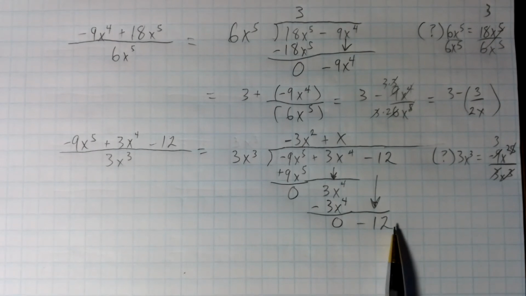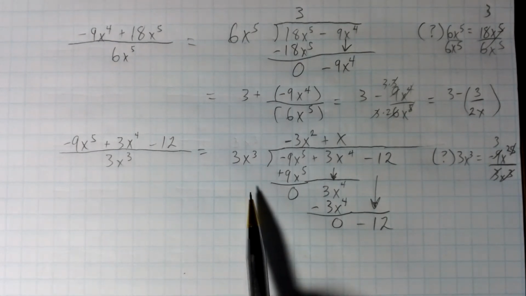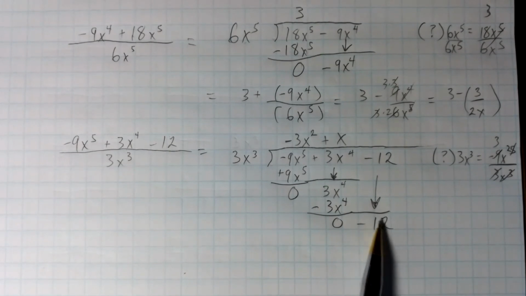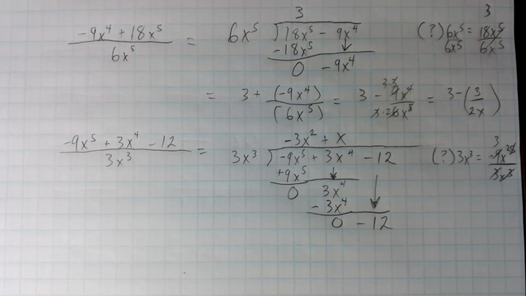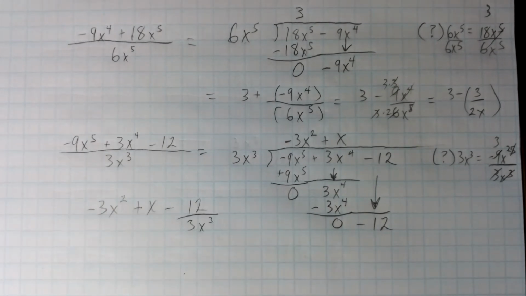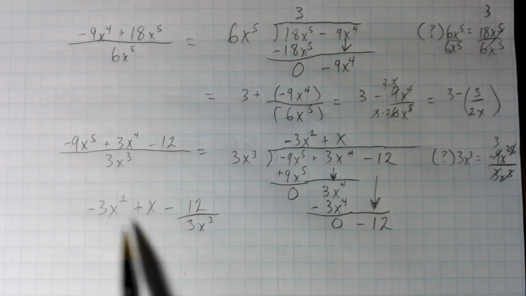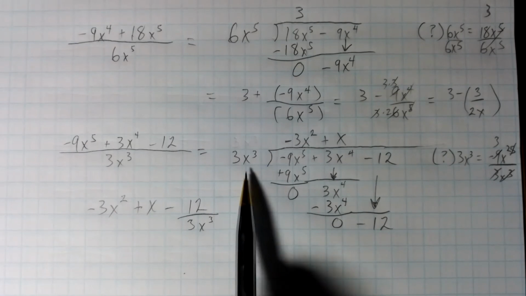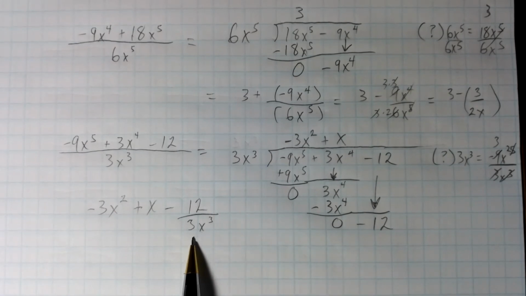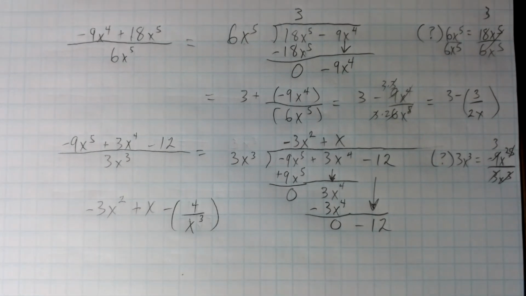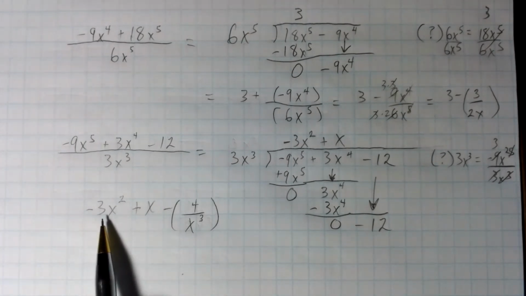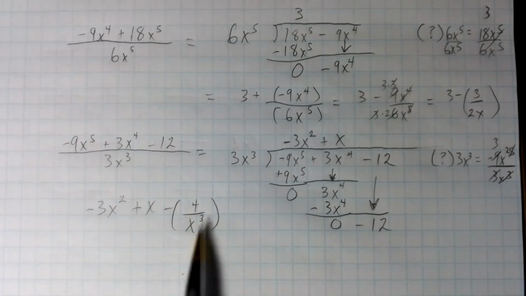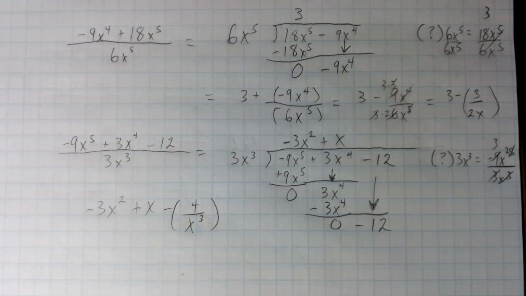Now at this point, notice my x's are nowhere near this amount, so I can just take this as my remainder, put it over on my numerator, and see what cancels out. Alright, so I have this here, and then my minus 12 divided by my denominator. Turns out that I believe a 3 is going to cancel. And this does become my final answer, negative 3x squared plus x minus 4 divided by x cubed.